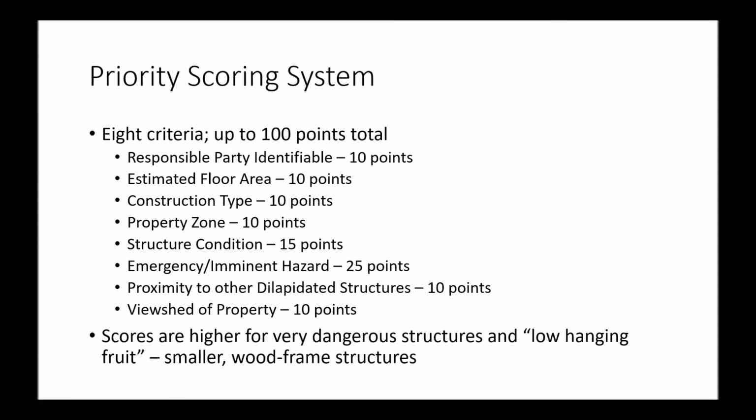And so once this gets tallied up, what this causes is a higher score for very dangerous structures and what I called before low-hanging fruit, which are the smaller wood frame structures that are easy to go through demolition, easy to dispose of, and luckily less costly in our minds to do all of that.